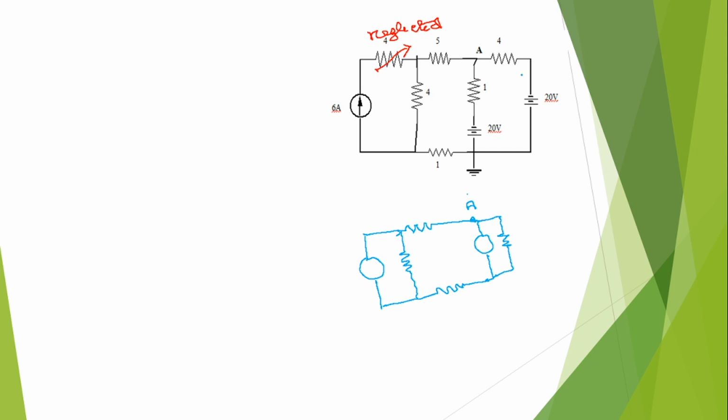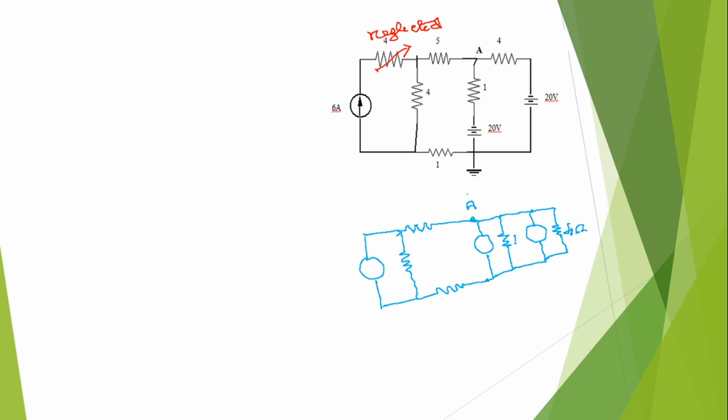Similarly, when converting this practical voltage source into practical current source, what happens? Another current source and another resistance. This resistance is same as the voltage source resistance, 4 ohm.